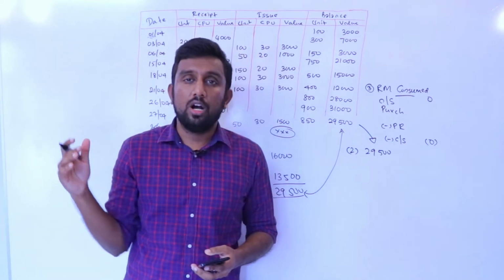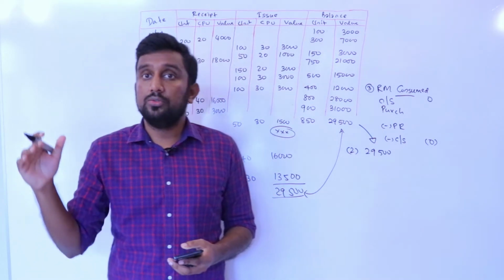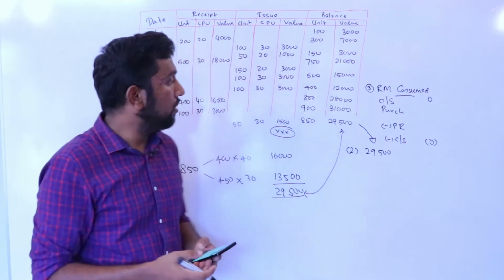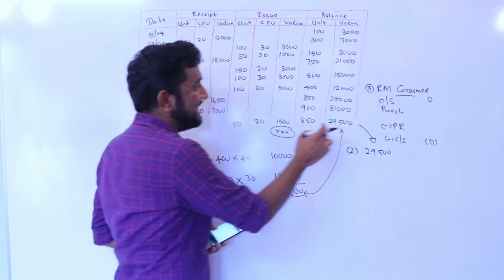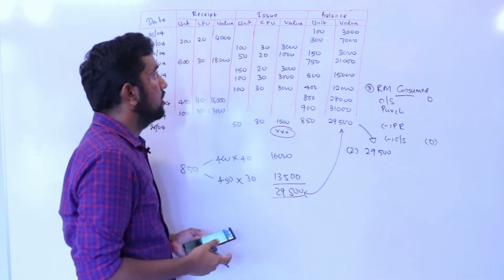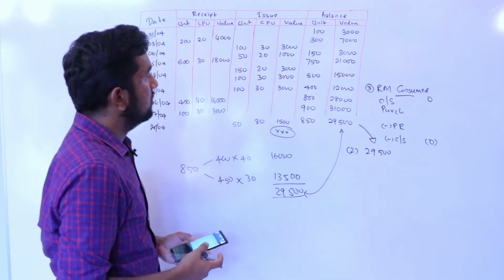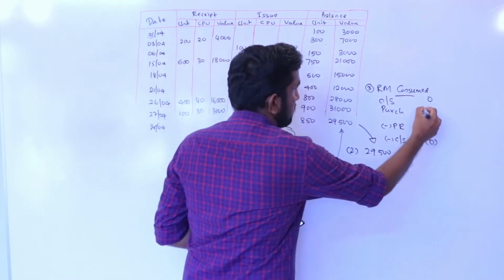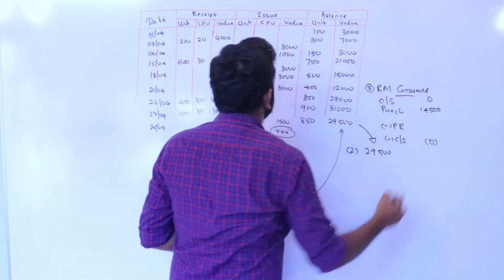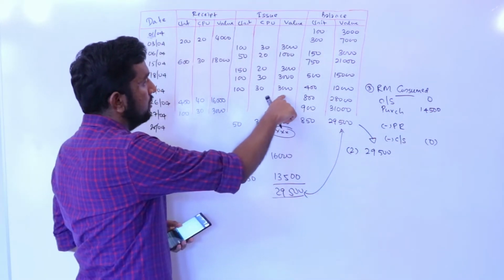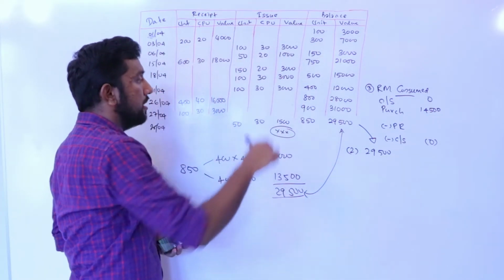Or are we returning something to supplier? No, right? So total issue is considered as purchase. So how much? 3, 6, 7, 10, 13, 14,500. Right? 3, 6, 9, 10, yeah.